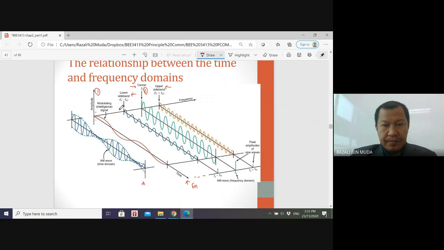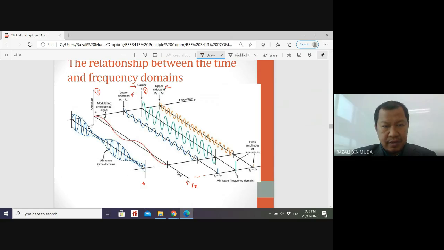This lower and upper frequency is close to carrier frequency compared to modulating frequency.